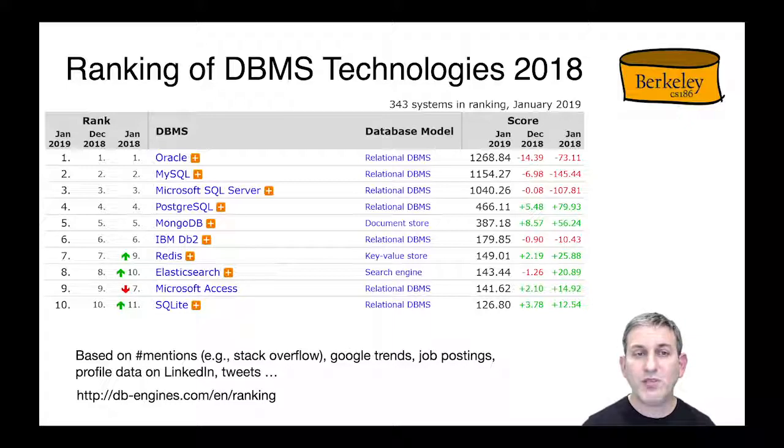Microsoft SQL Server number 3, Postgres number 4. That's the first fully open source system on the list. And then number 5, as well as number 7 and 8, are not relational databases. They're other kinds of databases. Okay, so database systems are not exclusively relational databases, and there are popular systems that are non-relational systems. But the top of the ranking is all around relational databases.